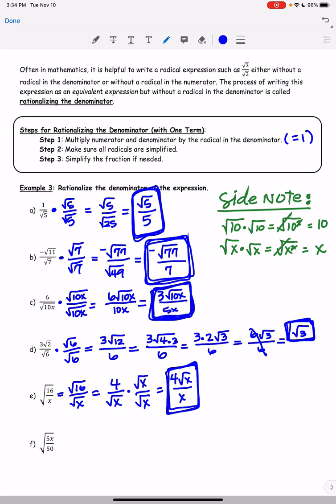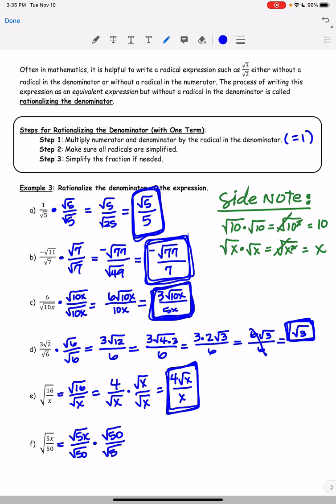All right, and then lastly on F. I'm going to solve this one 2 different ways. If we're following the rules that I've set out before you, what we would do first is split that up, and then we will multiply by the radical in the bottom, right?